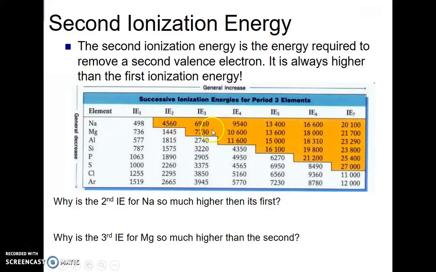I might have said that wrong. These are in the third, the first valence electron and the second valence electron. But when you remove the third electron, this is now in the second energy level. So that energy level is closer to the nucleus than the third, so there's greater force, and therefore greater ionization energy is needed to pull away that electron.